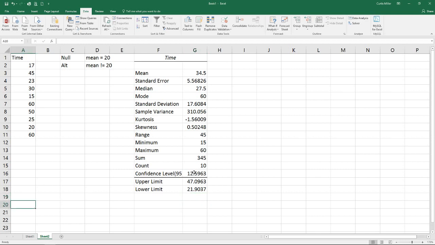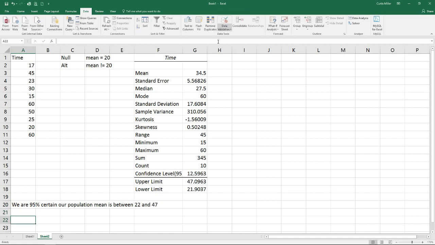So now we see that we have a confidence interval from 21.9 to 47.1. So we can write that here as we are 95% certain our population mean is between 22 and 47.